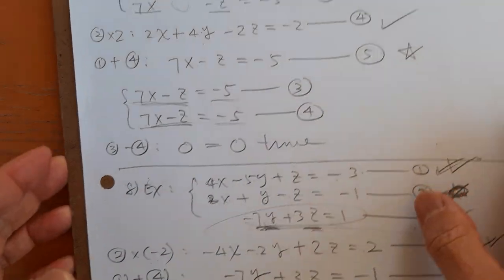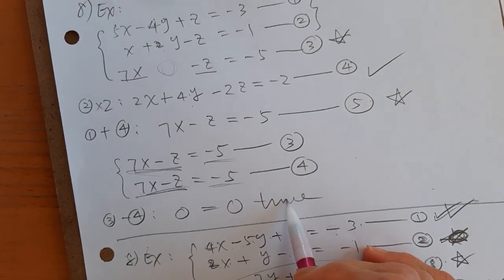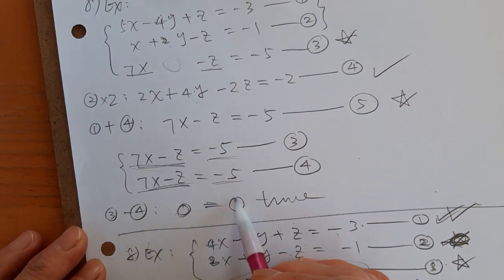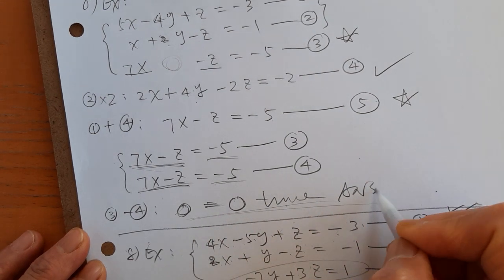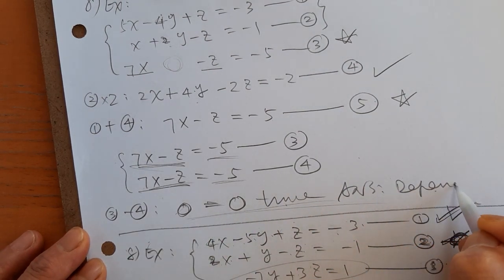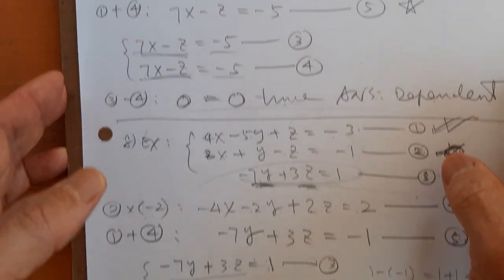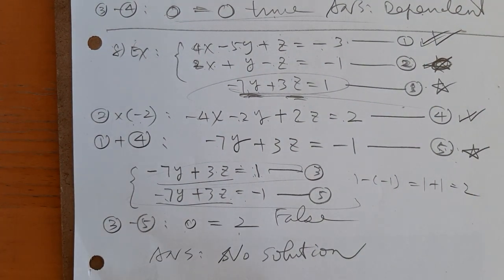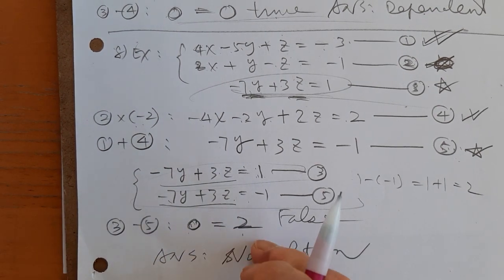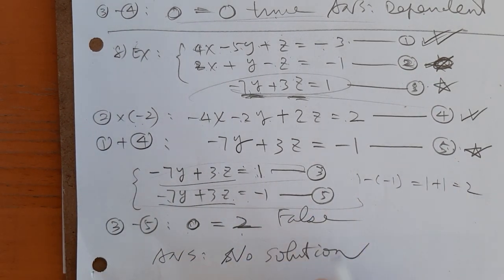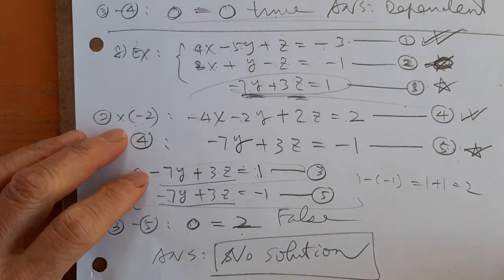The previous example was always true, 0 equals 0, so the answer is dependent. This example, if you add together, you get 0 equals 2, always false, so the answer is no solution.